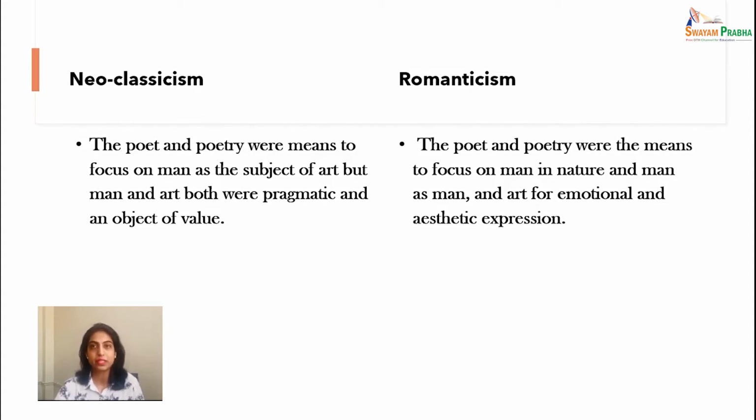Whereas for the Romantics, poet and poetry were the means to focus on man in nature and man as man. This led to a more humanistic approach towards life and literature. For the neoclassics, art was more useful intellectually than emotionally. Whereas, on the other hand, for the Romantics, it was primarily emotional fluidity.